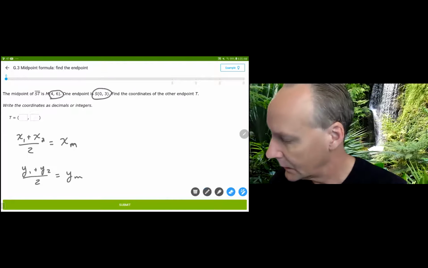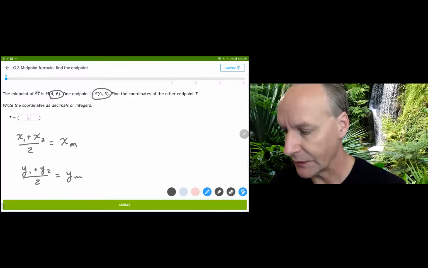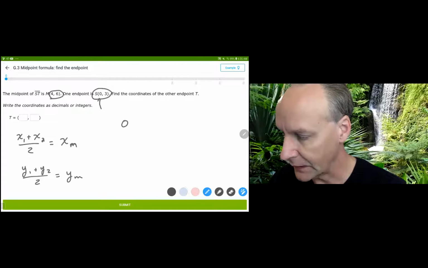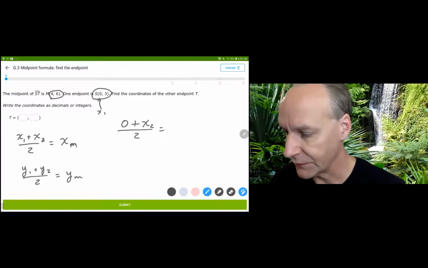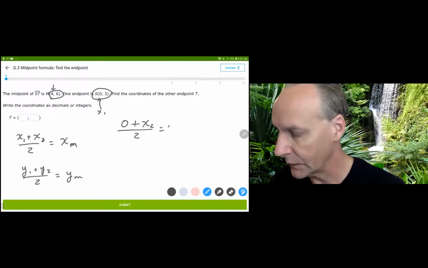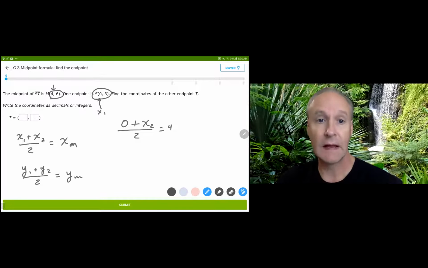Okay, I'm going to write my first formula, which is x1, which is 0. There's my endpoint, x1, plus x2 divided by 2 is equal to xm, which is 4. Now this looks like a lot of work, but it's really not as bad as it looks.